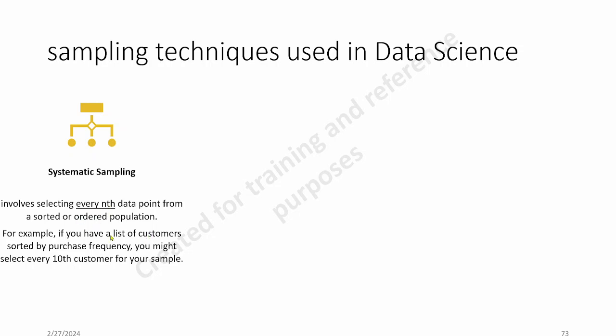Say you have a list of customers and you want to pick every 10th customer. Obviously, this requires some kind of pattern in the data. It could be sorted based on some criteria, and then you pick every 10th customer. So this is called systematic sampling.